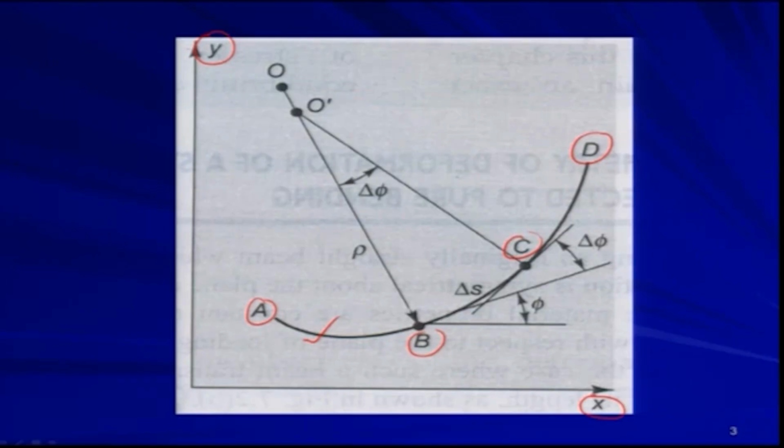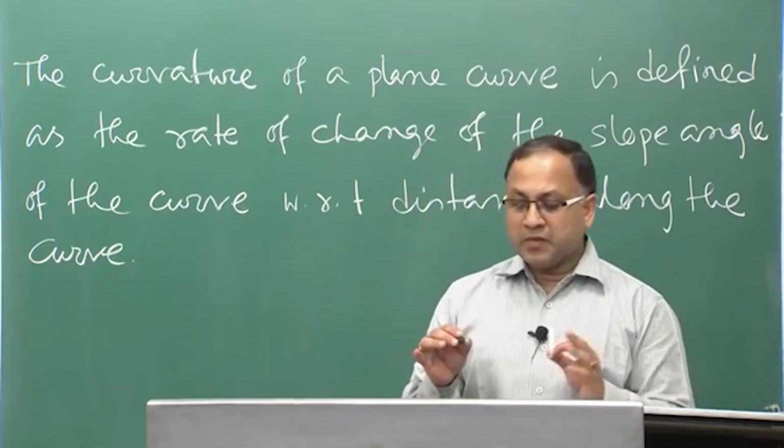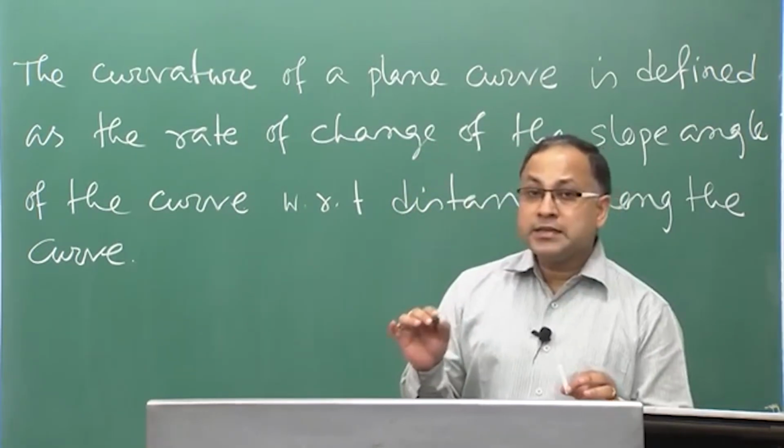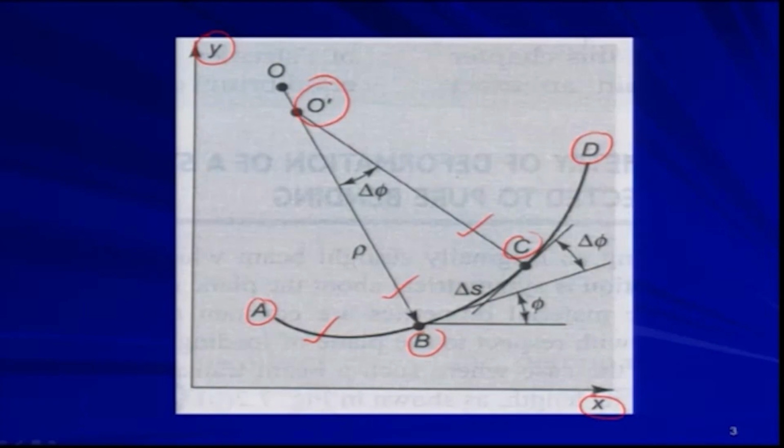The normal to the curve at point B and the normal to the curve at point C are intersecting at say point O prime. So, the normal at point B on the curve and the normal at point C on the curve intersect at point O prime.